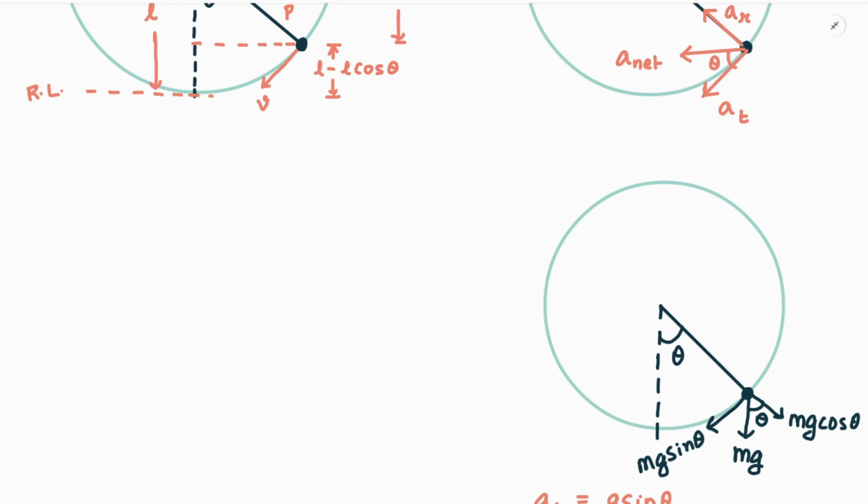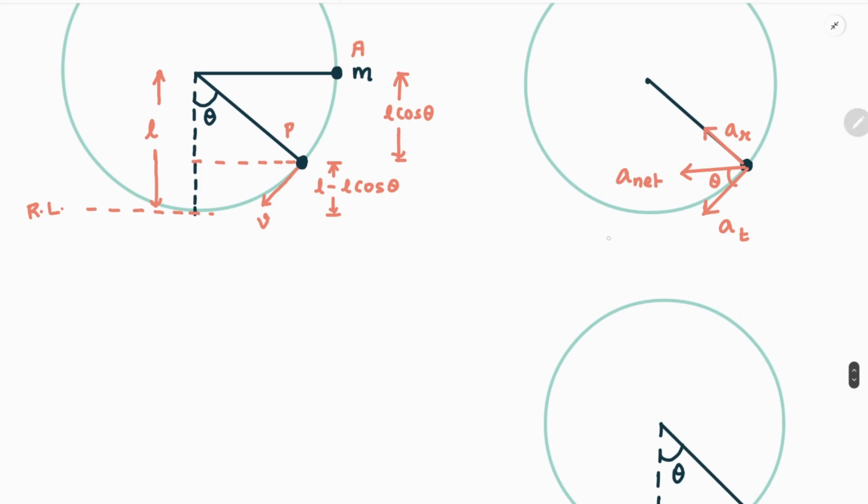Now to evaluate the radial component of acceleration, we need speed v at this instant, as the radial component of acceleration is v square upon r. In this case, r is equal to L. So to calculate v, we apply energy conservation between A and P. Total energy at A must be equal to total energy at P. So energy at A with respect to our reference level is equal to mgL.